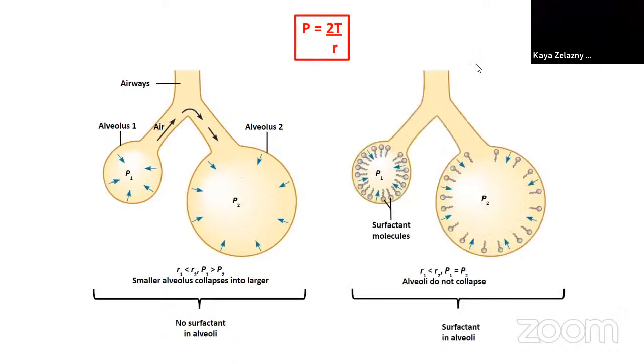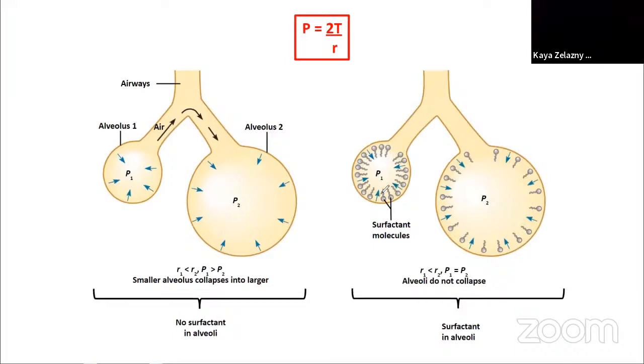Yeah, okay. So here we see the surfactant molecules now getting in between our water. Because the surfactant is here to block the interaction of the water molecules, they don't pull towards each other quite so much, which means that we basically don't have this huge increase in pressure in the small alveoli because we manufacture enough surfactant to combat it.